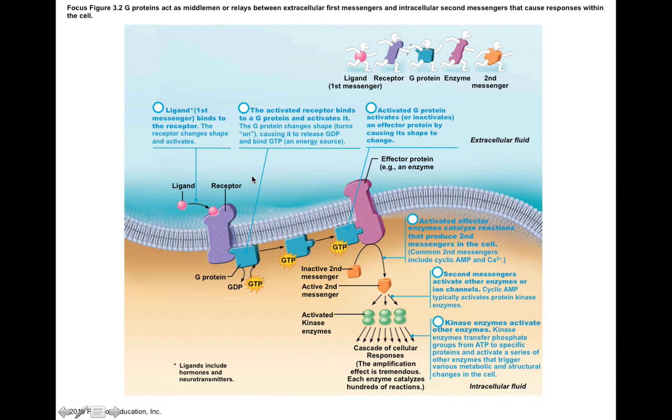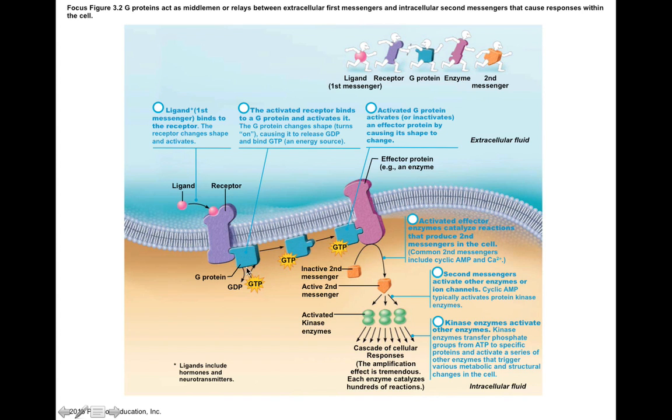Now, what this is showing is an example of a membrane receptor, and it's going to have its binding site on the extracellular side of the receptor. That way these ligands can bind. This could be things like a neurotransmitter, or a hormone, or even a paracrine. And this chemical, once it binds to the receptor site, it causes a change in this receptor that activates something called a G protein.